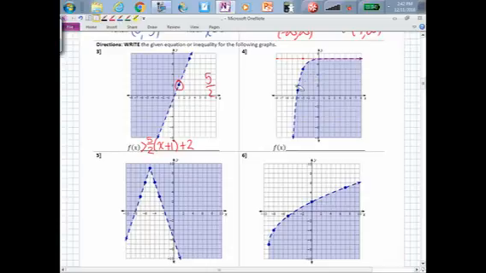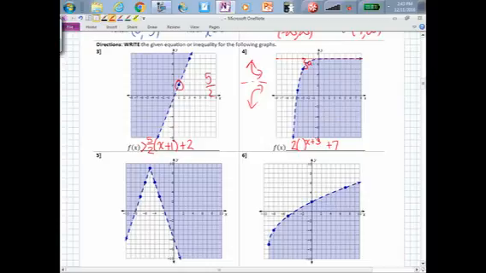Alright, this next one, this is an exponential. This looks like it's a decay, because if I think about a decay, it goes down to the right, and a reflection would look like this. So, I'll figure out the base in a minute, but we have x plus, looks like 3, and then on the outside here I have up 7. I know my a value is always this piece here, so that's going to be 2.